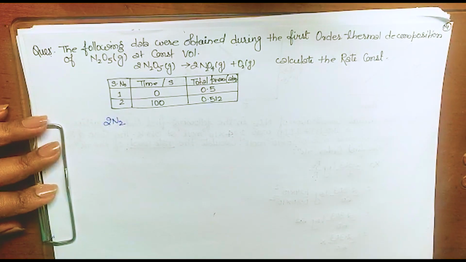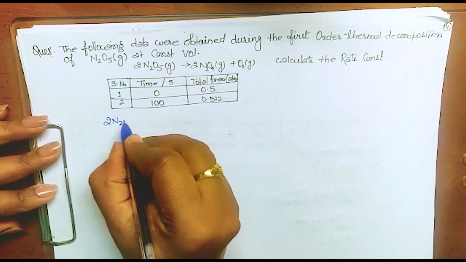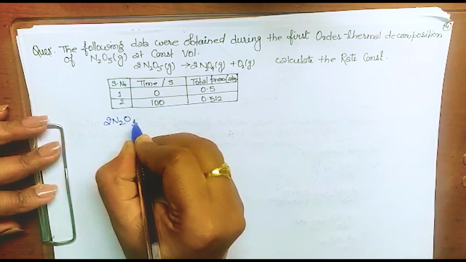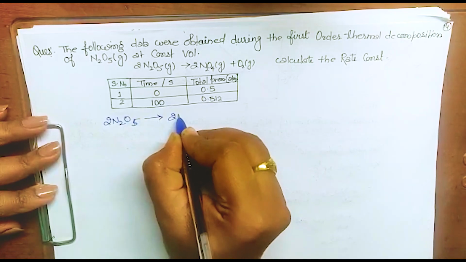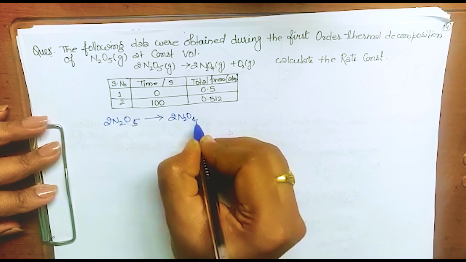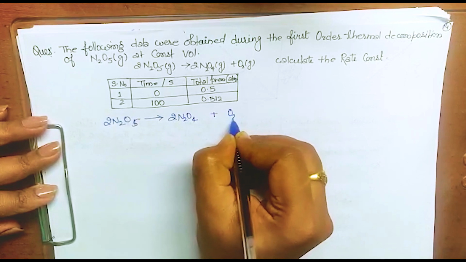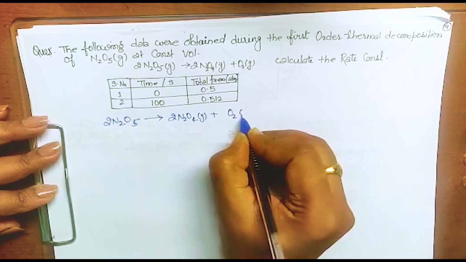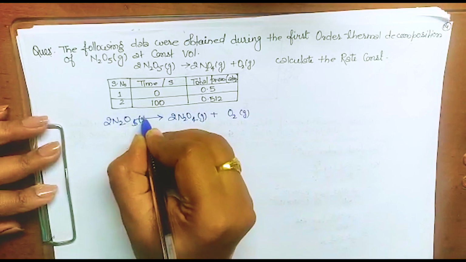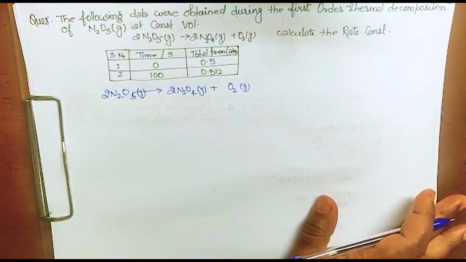After 100 minutes, what will be the concentration of N2O5 left? What will be the pressure? So N2O5 changes into 2N2O4 plus O2. Yes, all are in gaseous form, so we will find it in terms of pressure.